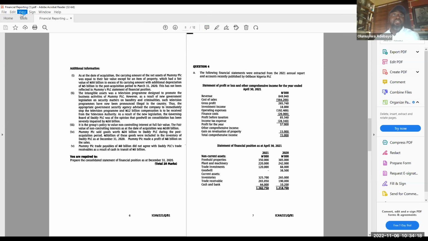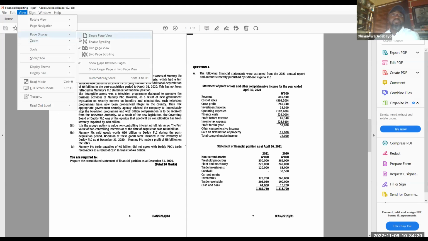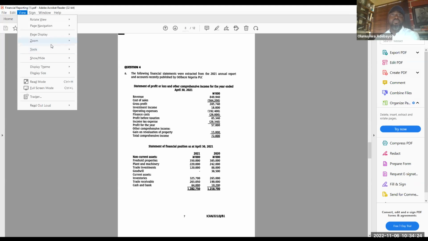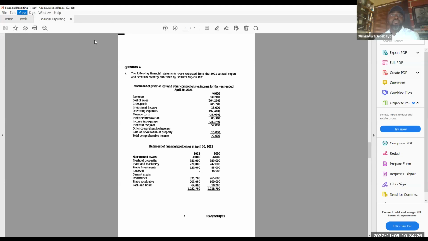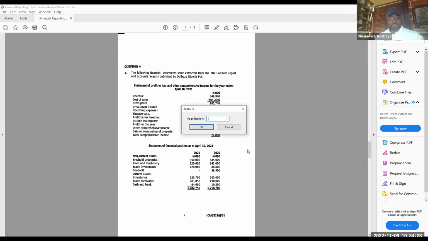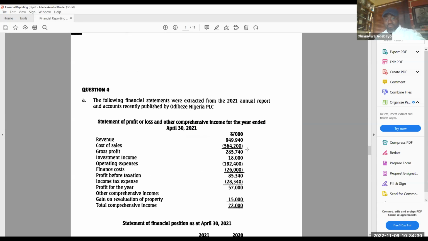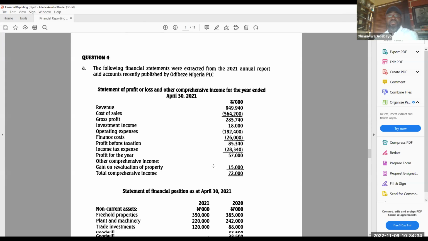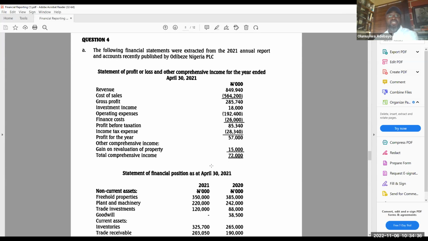Let me enlarge this. Can somebody volunteer to read this question for us? Can you signify by a show of hands so that I can give you access?